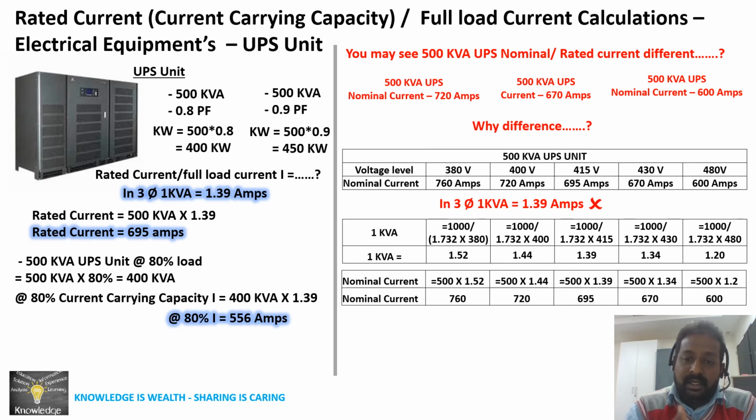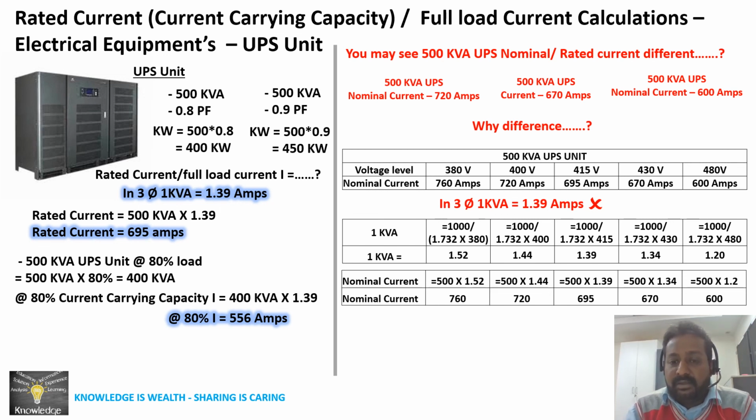Someone will take the input voltage as a benchmark, say 400 volts, and they will put 500 kVA, 720 amperes as the nominal current. So if you calculate 500 kVA into 1.39, the rated current should be 695, and if the nameplate shows different amperes, then please check what voltage level they have taken.